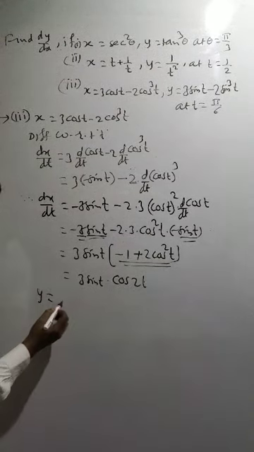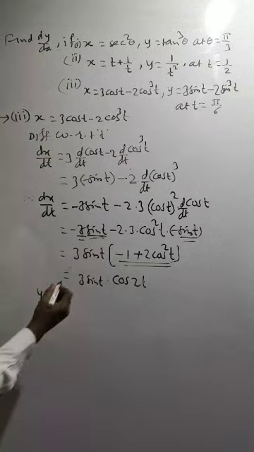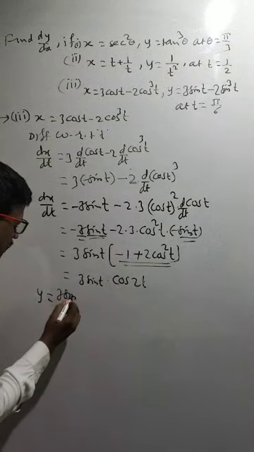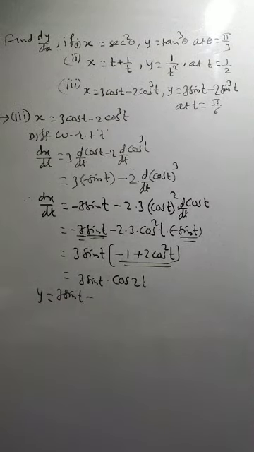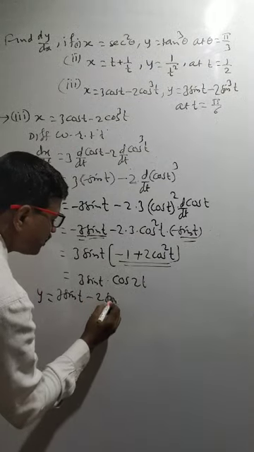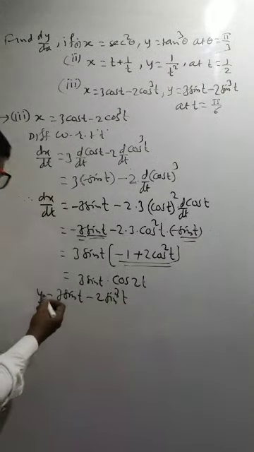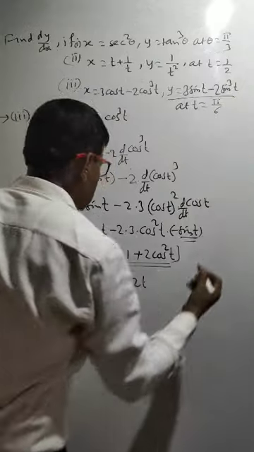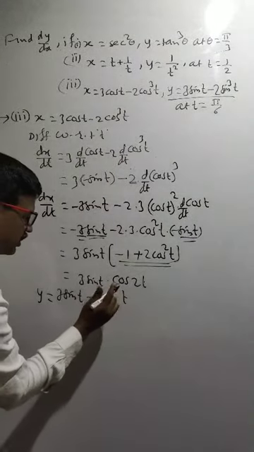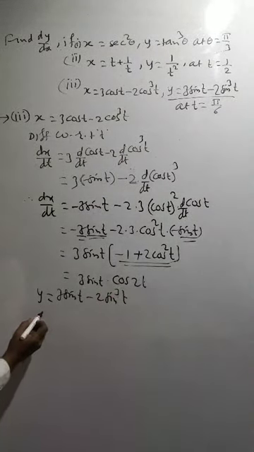y equal to 3 sin t minus 2 sin cube t. Differentiate with respect to t.